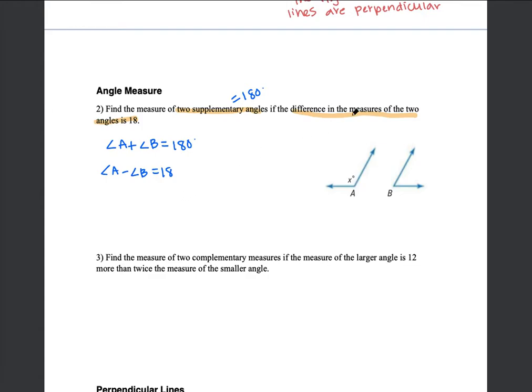What else do I know? Well, if I look at the picture, I know that angle A is actually equal to x degrees. That's how they label it. Angle A is equal to x degrees.